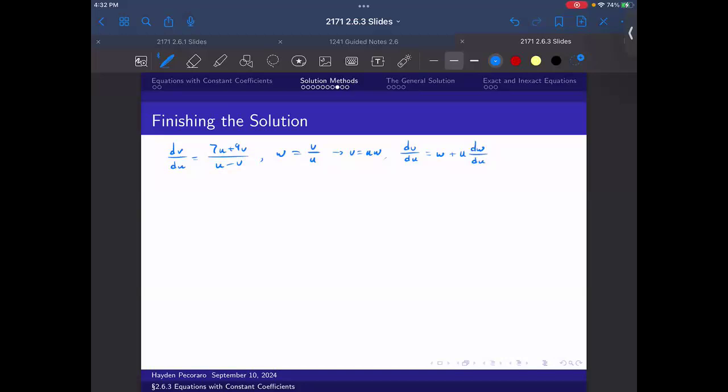That's what we end up with on the left-hand side. Then it's easy to factor out the u, so we can write w plus u dw du equals 7 plus 9w over 1 minus w. That comes from multiplying by 1 over u on top and bottom.